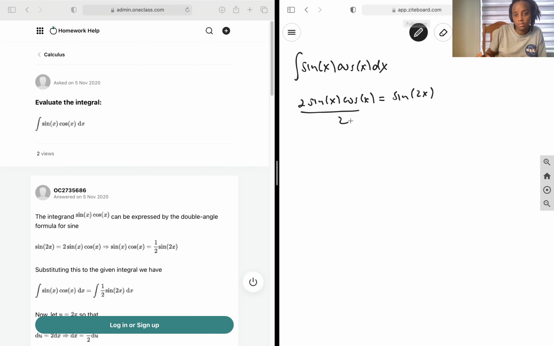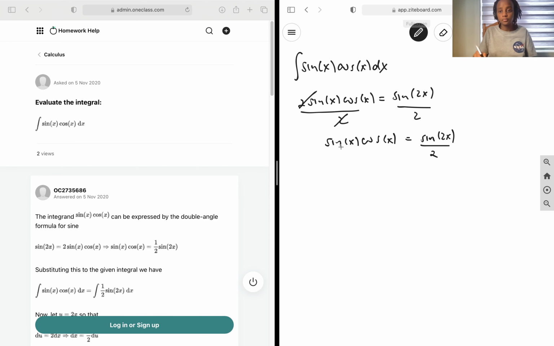And so we're just going to divide both sides by 2 to get sine x cos x is equal to sine 2x over 2. And so now instead of using this, we are going to use this because they're equal and it's easier to find the integral of this.